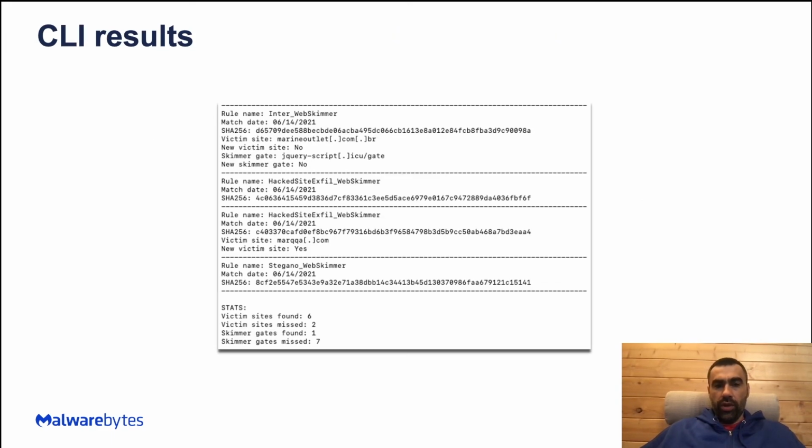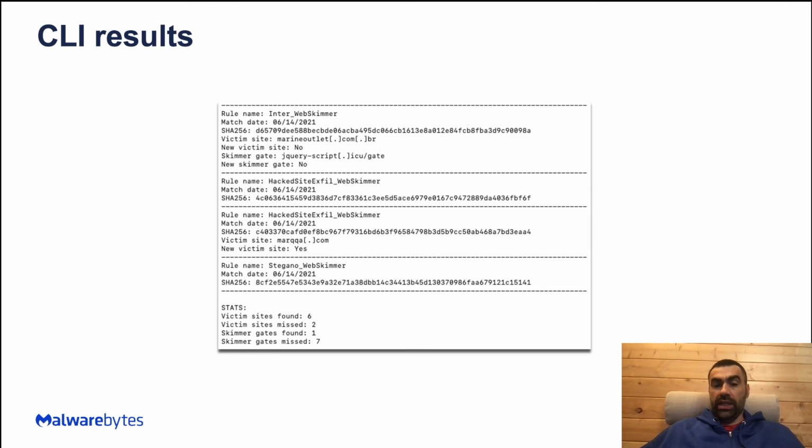So a quick view from the command line. If you run the script, this is what it will output: the rule name that matched, the match date, the SHA-256, the victim site. It will tell you if it's a new victim site or not. That's based on your local database. The skimmer gate, and it will also tell you whether it's a known gate or not.